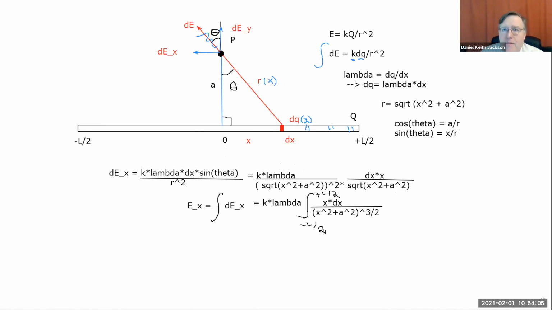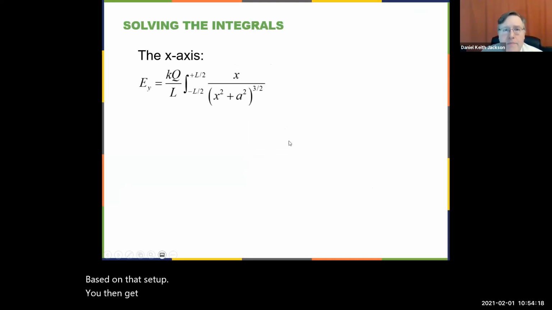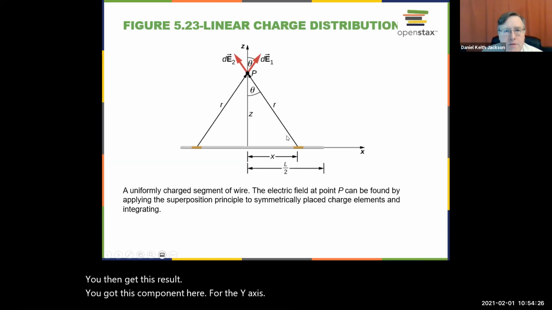Based on that setup, you then get this result. You get this component here for the y-axis. Hang on for a moment. Seem to be missing something.